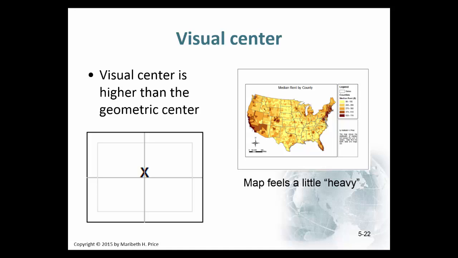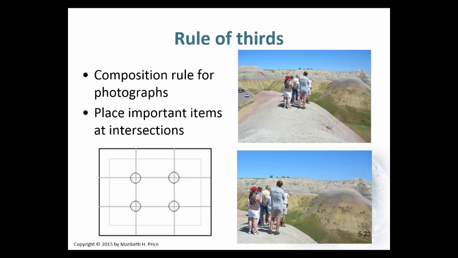The visual center of a map is a little higher than the geometric center on the page. Use the rule of thirds to place important items on the first and second third of the page.